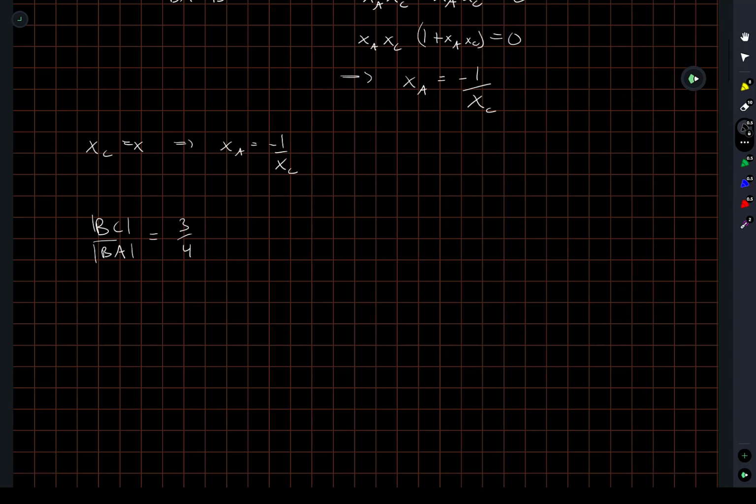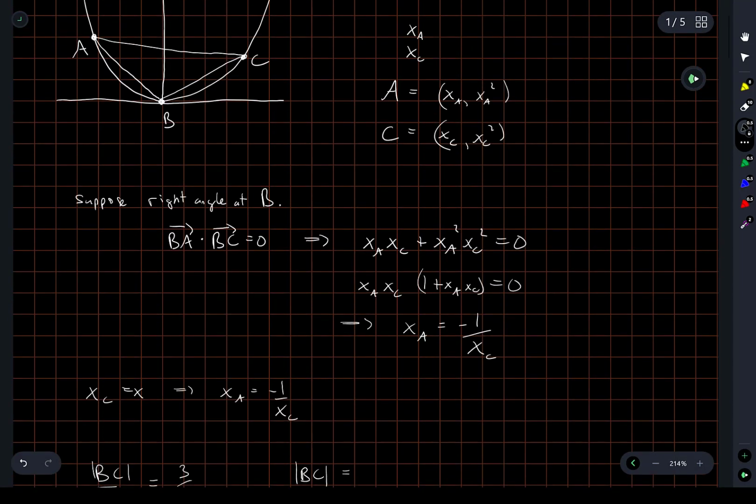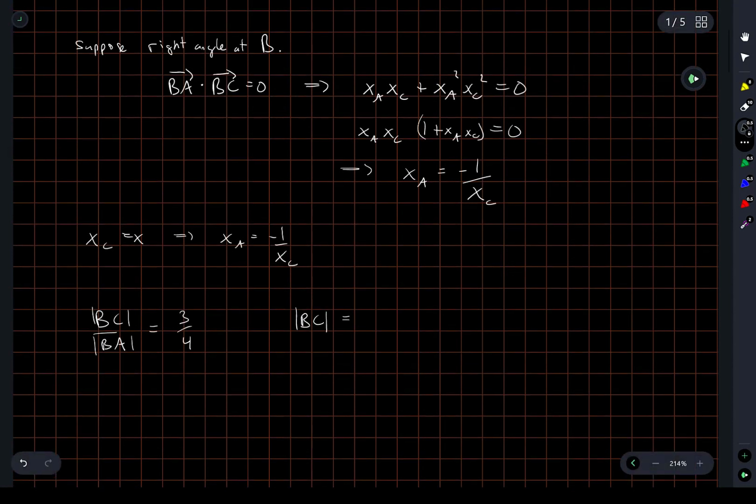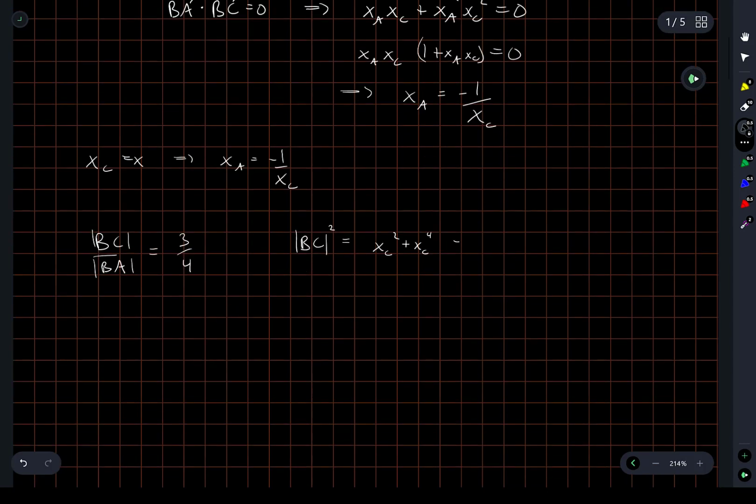Okay, so let's write out the length BC. Well, this will be the square root of XC squared plus XC to the 4. In fact, I'll just write BC squared here, where by our convention we're setting XC equal to X. This is X squared plus X to the 4.